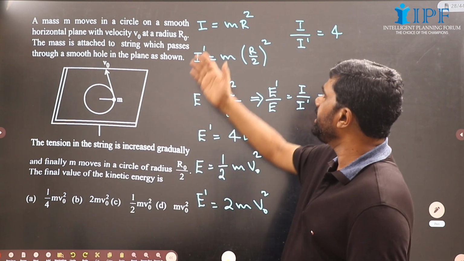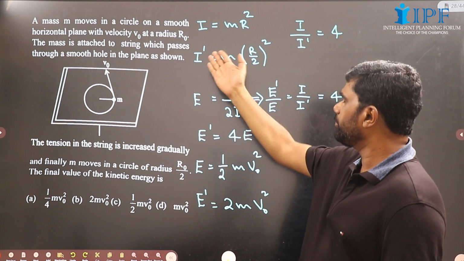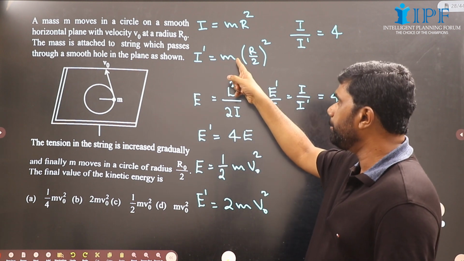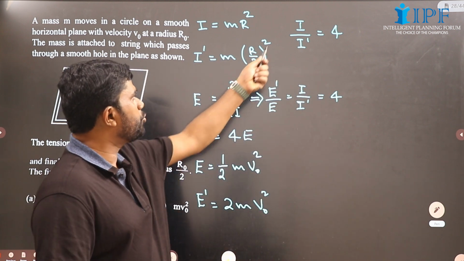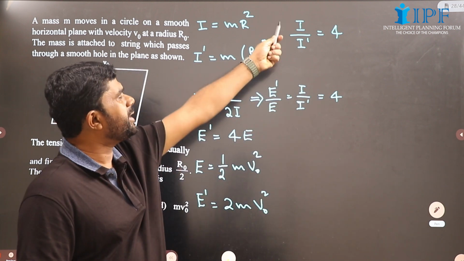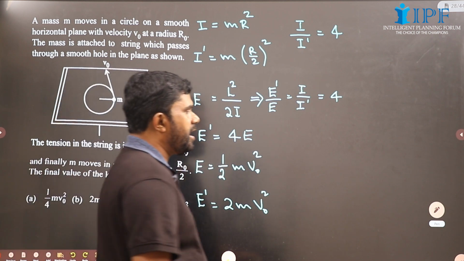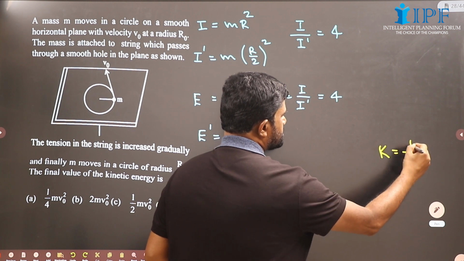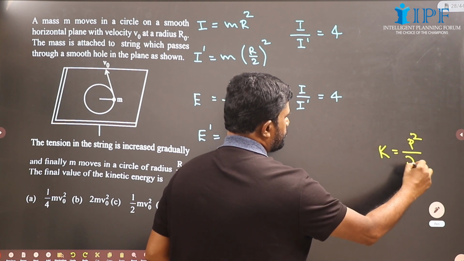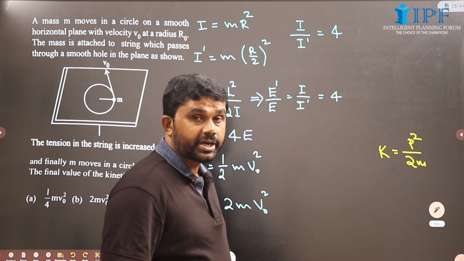Now see, initially moment of inertia I equals m r square. And final moment of inertia I dash equals m into radius reduced to half, so it will be r by 2 whole square. So I by I dash equals 4. Now kinetic energy, we have the relation in linear mechanics, kinetic energy equals P square divided by 2m, where P is the linear momentum and m is the mass.